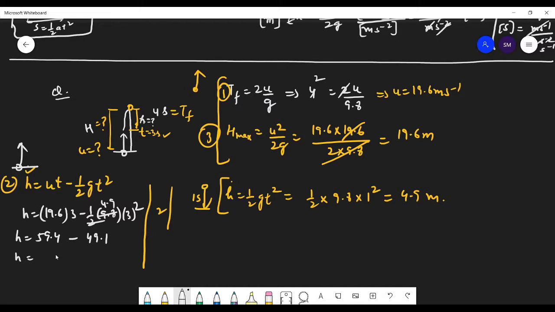So what do you get from here? There's some problem. Height. Okay, you are getting the right answer. So what's the height? 10.3 meters.